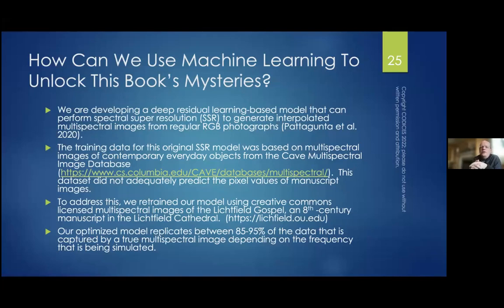What we did initially was build a machine learning model, train it against this CAVE data, and then process our images with it. What we found is that if you're taking pictures of spoons and forks and tables and chairs, that doesn't give you very good prediction value of what's happening on a page.